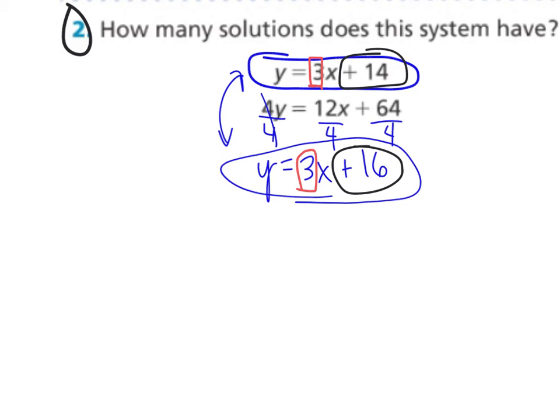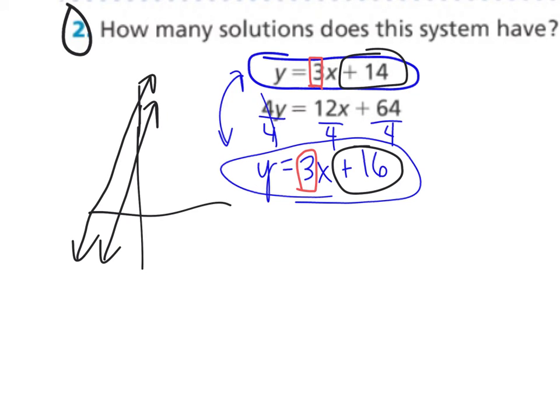So kind of give you a visual of this idea of what this kind of looks like. Imagine those are the same slope as each other, different y-intercepts. These are going to be parallel lines, which means we have no solution.